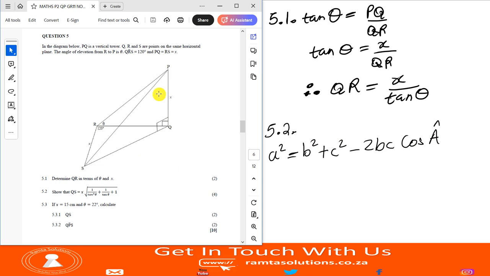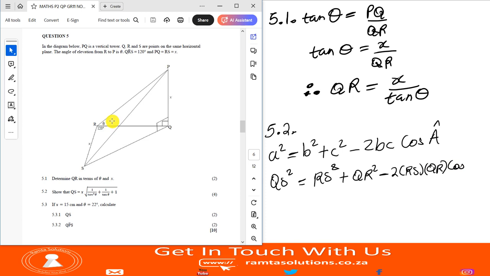What is the side that we're looking for? QS. So QS squared equals, what is B squared? It doesn't matter. I will say it is RS. So it is RS squared plus QR squared minus 2 into RS into QR multiplied by cos.